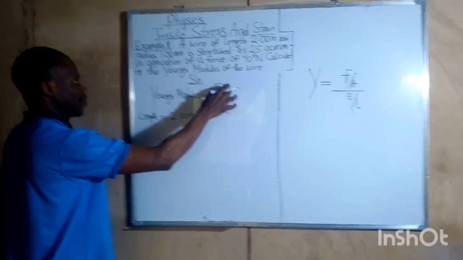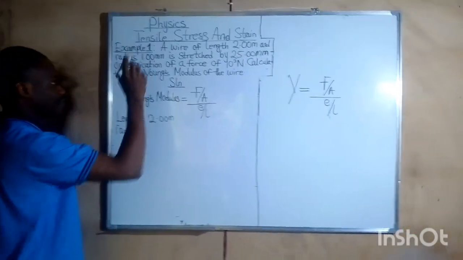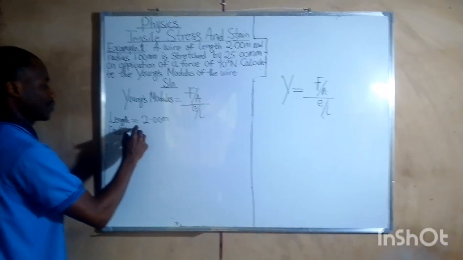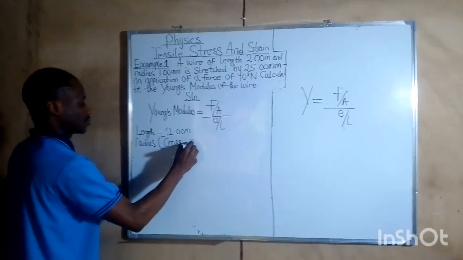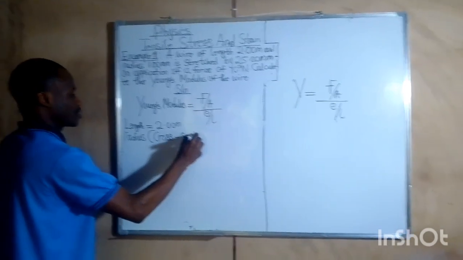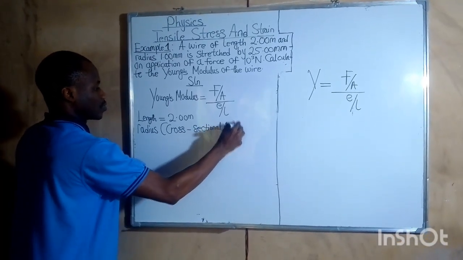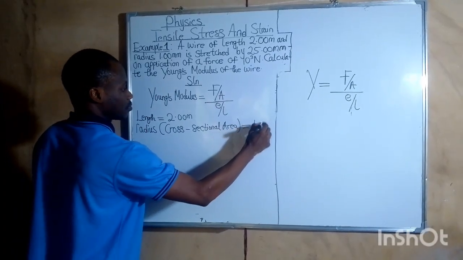So what we're going to do is that the radius, from the definition, will lead us to what is called the cross-sectional area. So we'll apply some mathematical calculation on that.